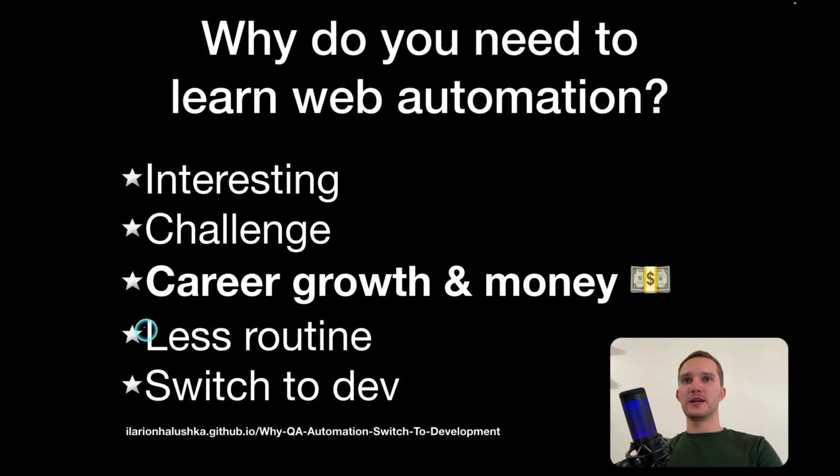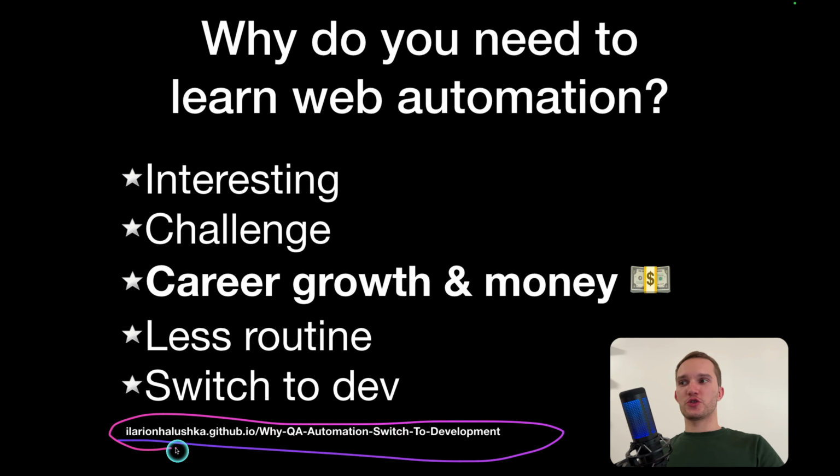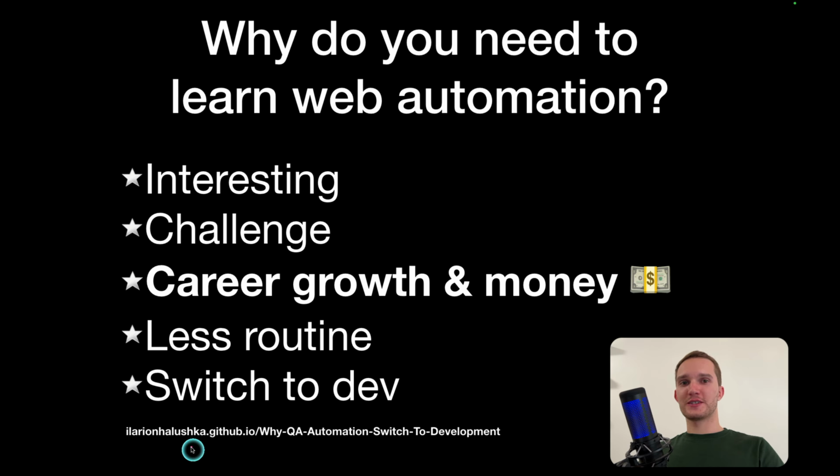It was a really easy switch within one company. If you were ever thinking about this, then go ahead, learn automation. I also have an article here, why QA automation switched to development, what are the pros and cons of switching to development. It's more stressful work, but you'll get more money for that. So there are some cons and pros to that.